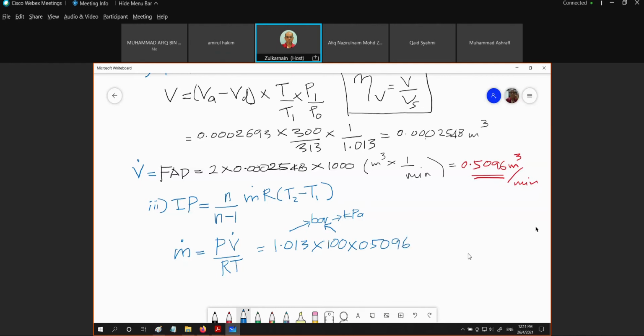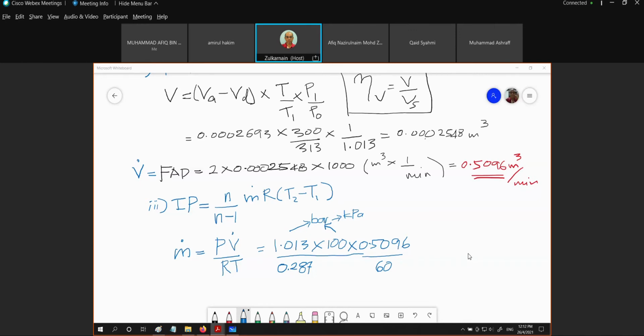And then the V dot is 0.5096. This is per minute, so we need to get this in terms of per second because the m dot we need in kilogram per second. And then we divide that by R. R is given as what? In the question, R is given as what? Check.